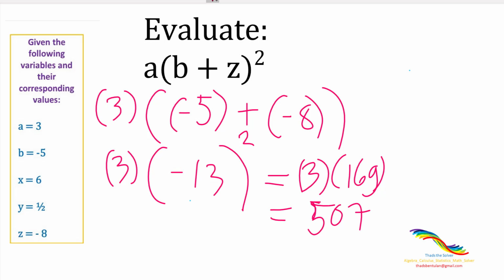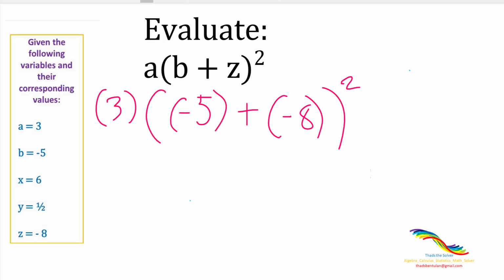Let's simplify and summarize. A times quantity B plus Z, quantity raised to the second power or squared, and we substituted the values of A, B, and Z, and we simplified this: A times B plus Z squared equals 507.